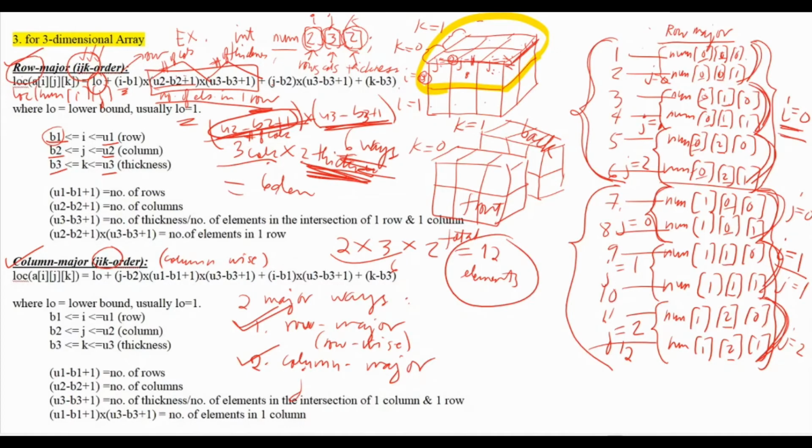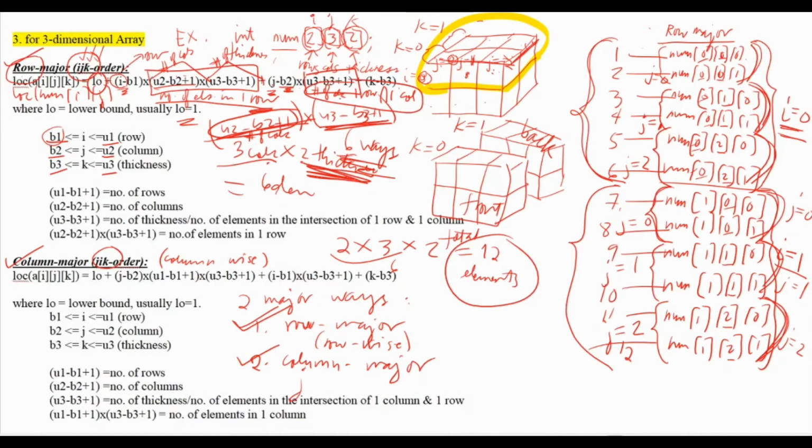Plus, the next consideration after the row is the column. That's why this is J minus the base value of J, times this expression here, which is the number of elements in the intersection of one row and one column.